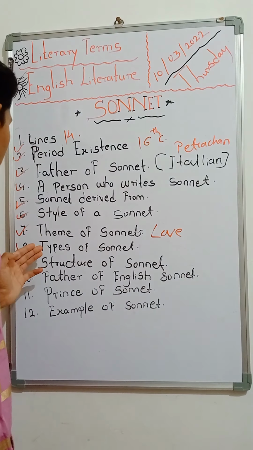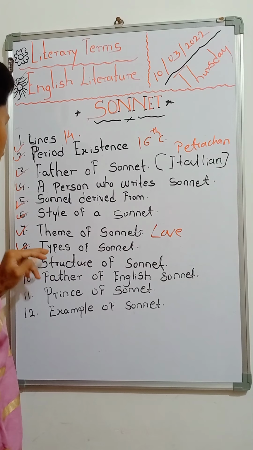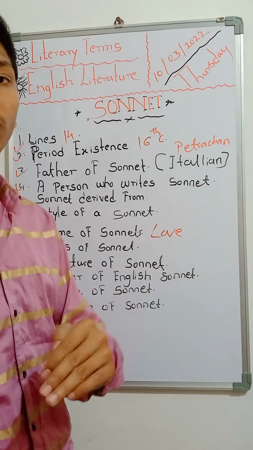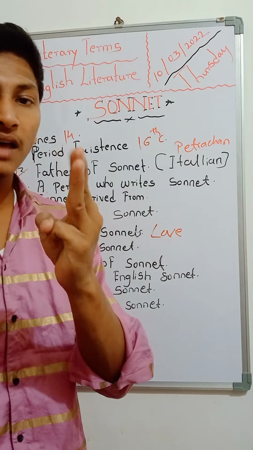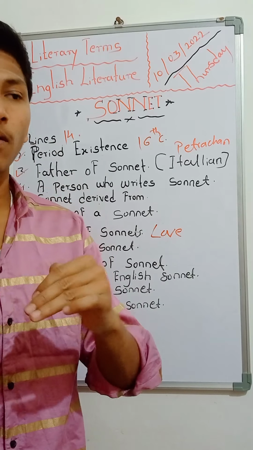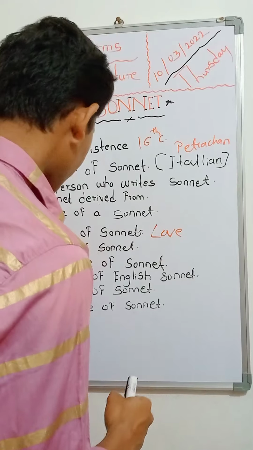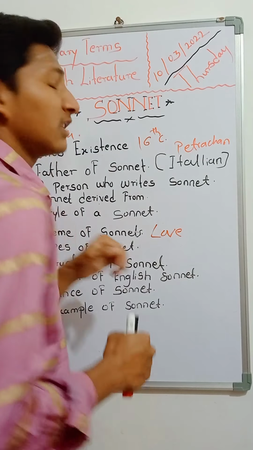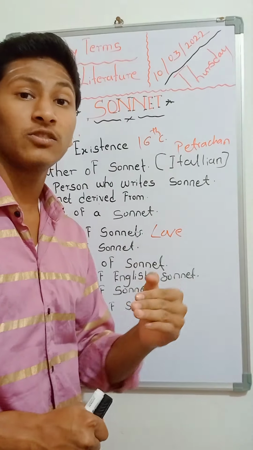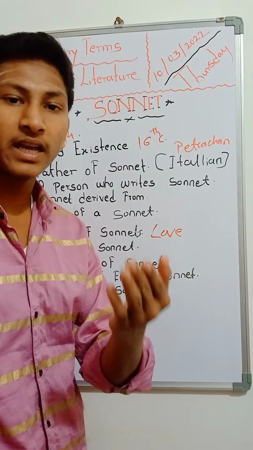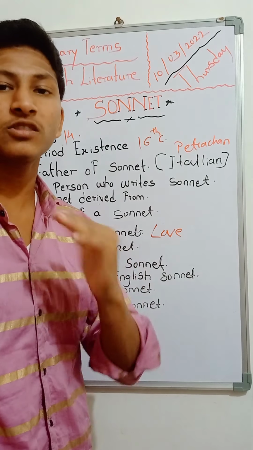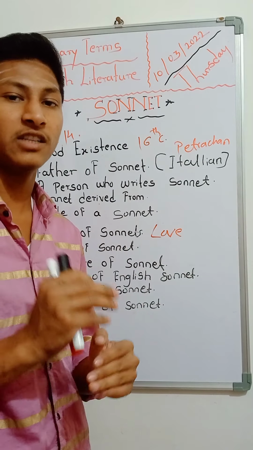These are the other names of the Italian sonnet. And English sonnet also has 3 other names: the Shakespearean sonnet, Elizabethan age sonnet, and modern sonnet. These are nothing but the English sonnet.